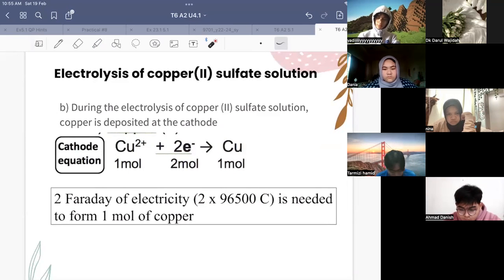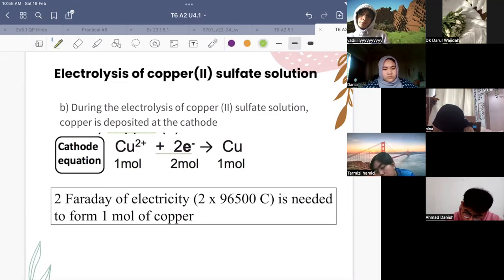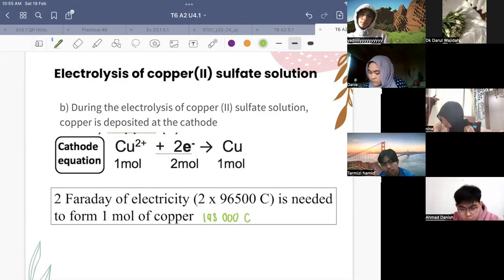So this time you need 2 Faradays. 1 Faraday means 1 mole, 2 Faradays means 2 moles. If I calculate that, it would be 193,000 coulombs. So if you want to produce 1 mole of copper, you need to supply 193,000 coulombs of charge into your electrolysis system.